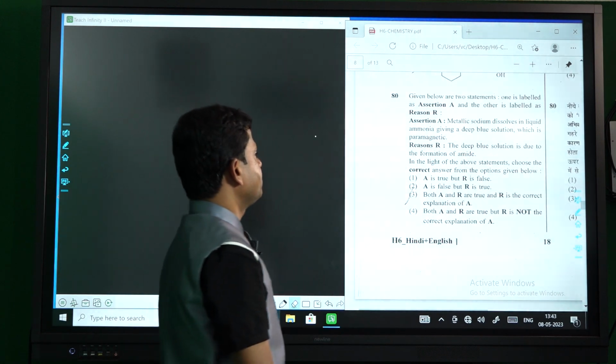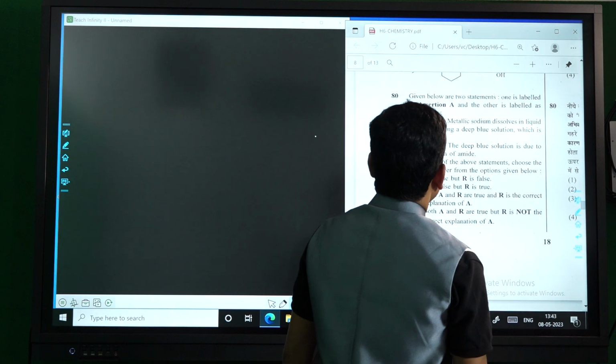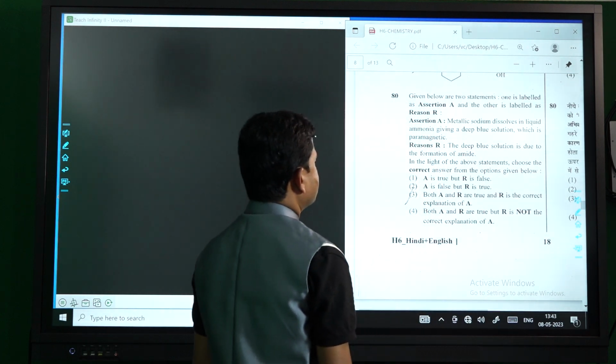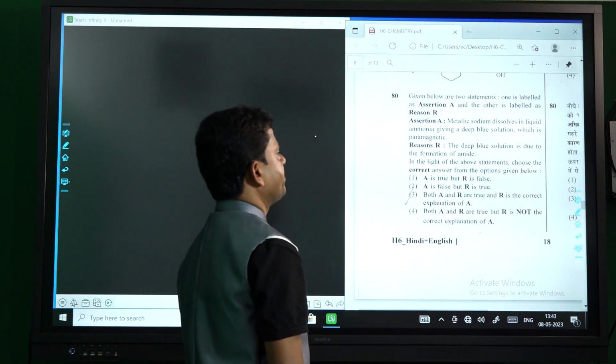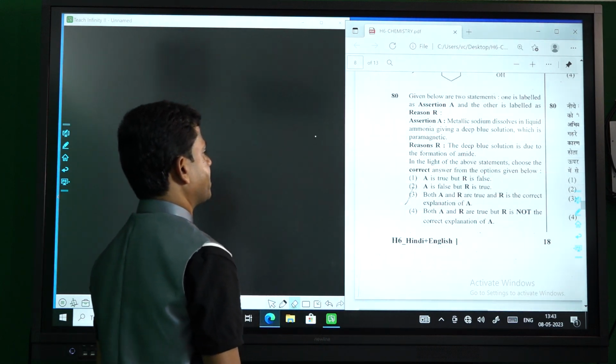Question number 80. Here is also an assertion-reason type of question. Metallic sodium dissolves in liquid ammonia giving a deep blue solution, which is paramagnetic.